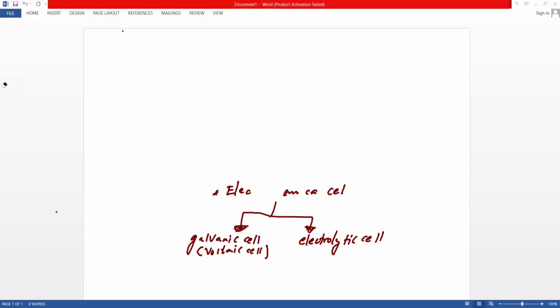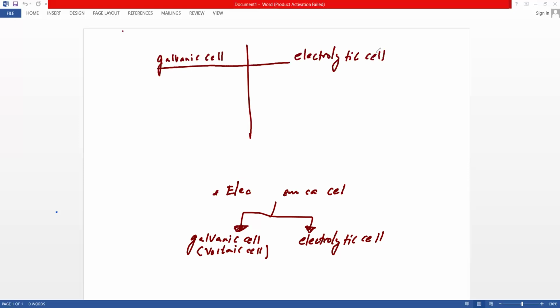Number one, a galvanic cell converts chemical to electrical energy.